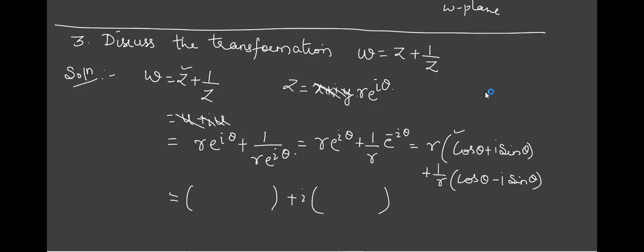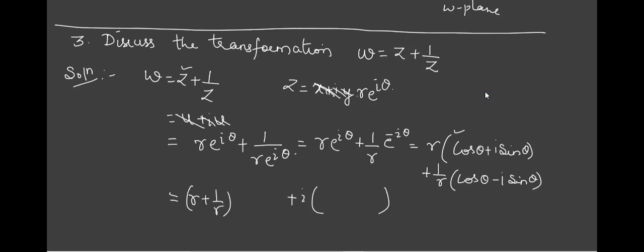Correct? Am I right? Not containing I: R into cos theta. Any other term? 1 by R cos theta, isn't it? Yes, ma'am. So in this R cos theta and 1 by R cos theta, what can be taken common? Cos theta.